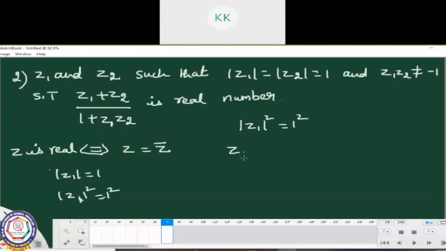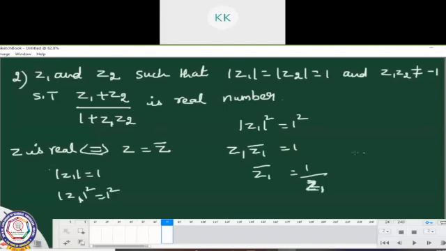So Z1 into Z1 bar equal to 1. In the same way, see here, Z1 bar equal to 1 by Z1.